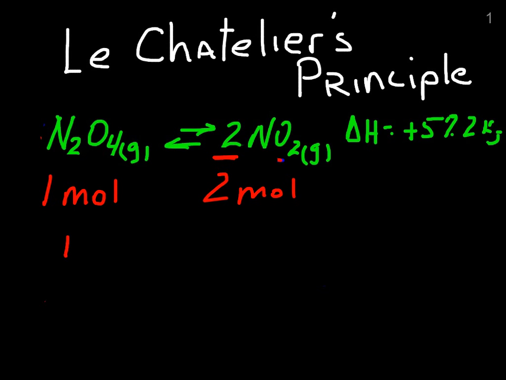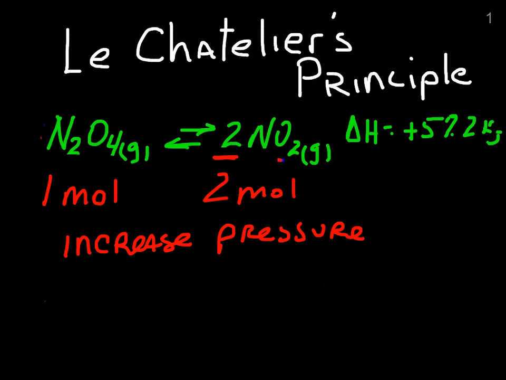So if I increase pressure on this equilibrium, it's going to shift to the side that takes up the least amount of space. So it's going to shift toward fewest moles.